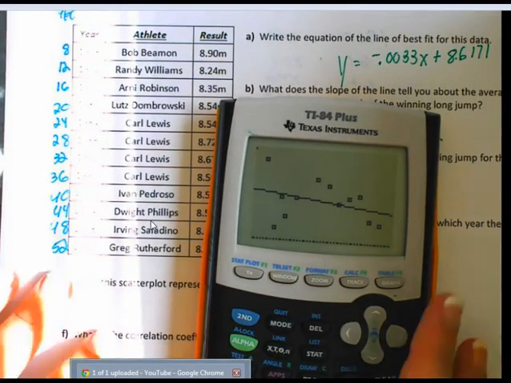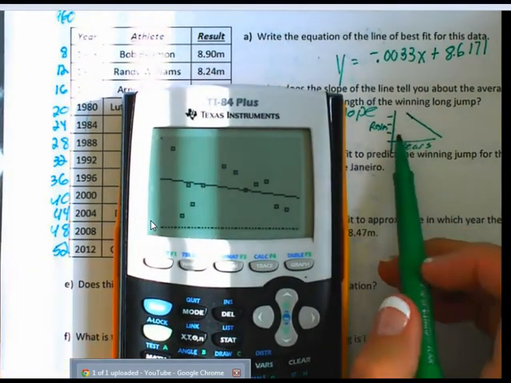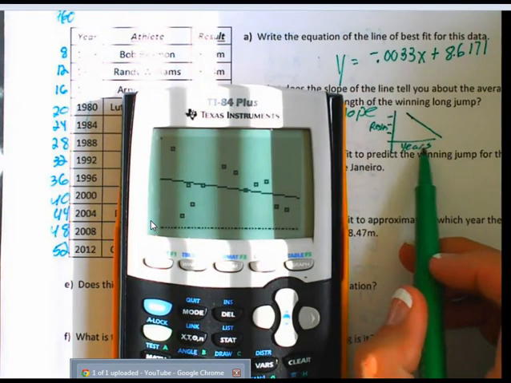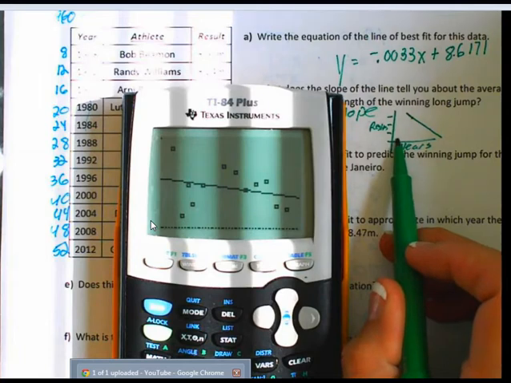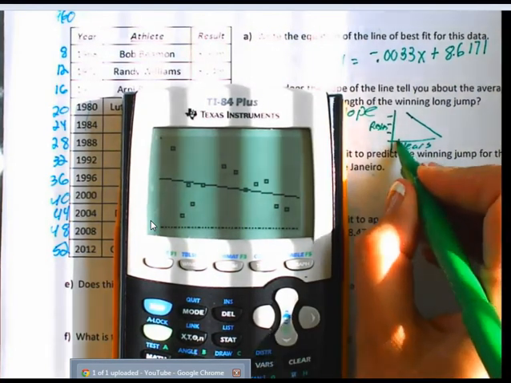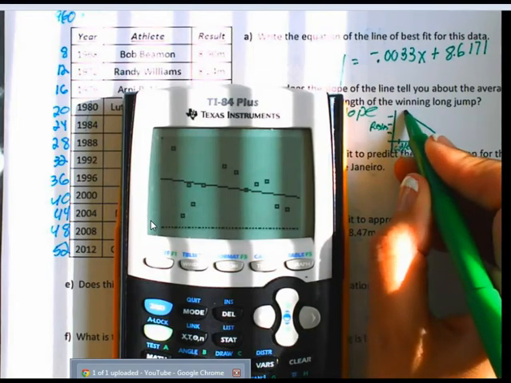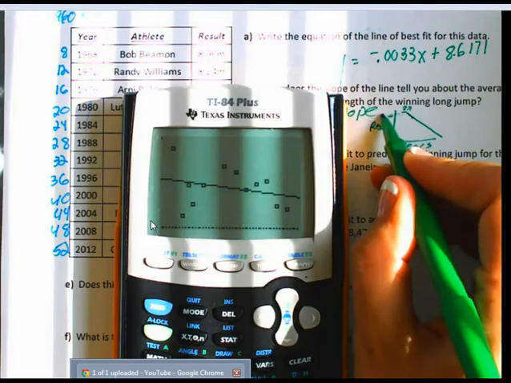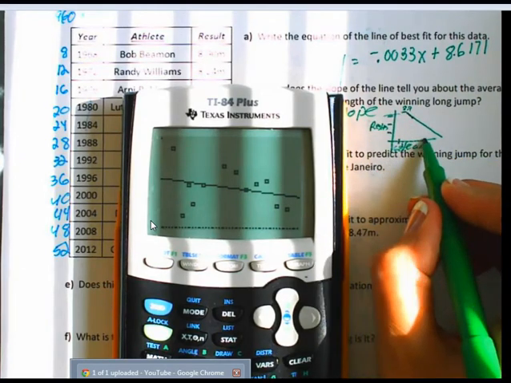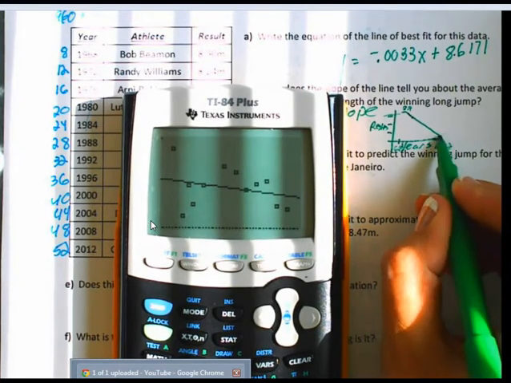I sketched out a little picture here for you to see. The results are on your y-axis and the years are on your x-axis. At lower years, like 1968, my results were higher, because 8.9 was one of the results here. But as the years go by, out here in 2012, they weren't jumping as far.